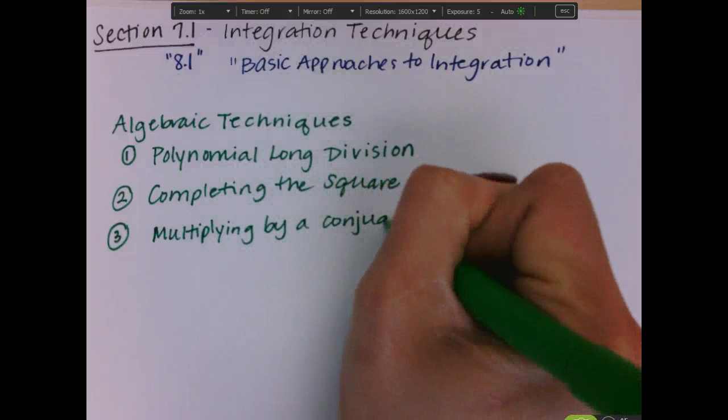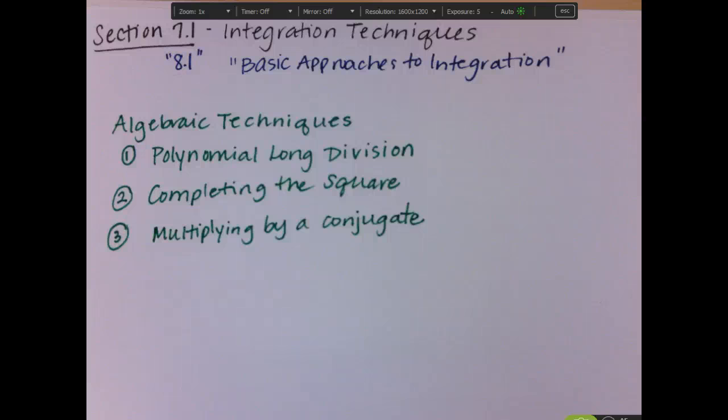So again, none of these three strategies or techniques is from calculus. Each one is something that was taught whenever you took algebra. But you may not remember some of these techniques, so it may be a good time to go back and review. And I'll give an example of each technique.